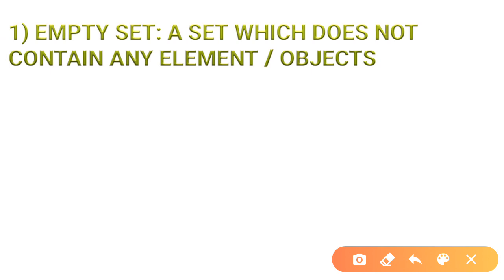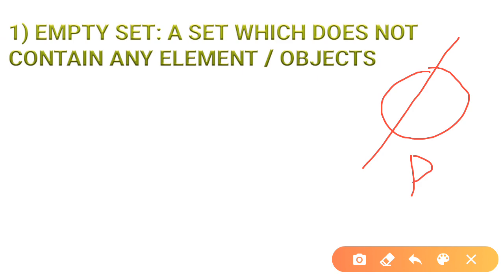The first one is the empty set. The empty set is denoted by which symbol? Like this, it is denoted by this symbol, which is called pi. The symbol name is pi.